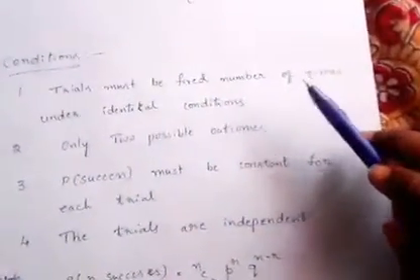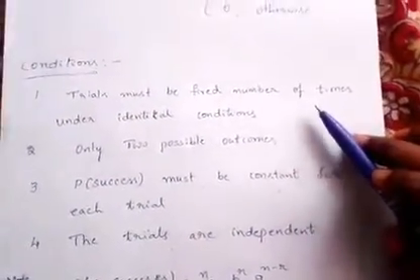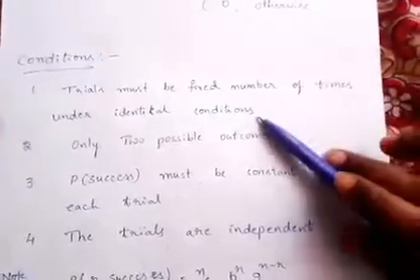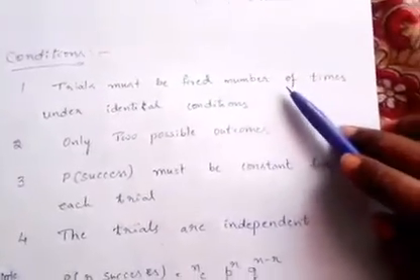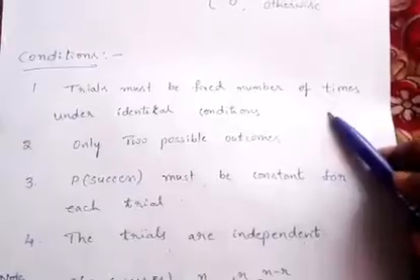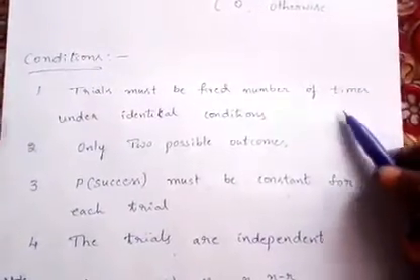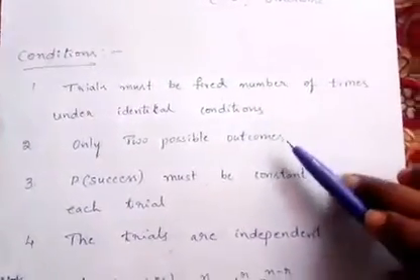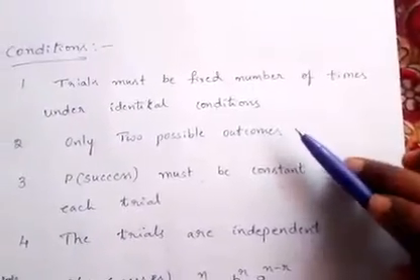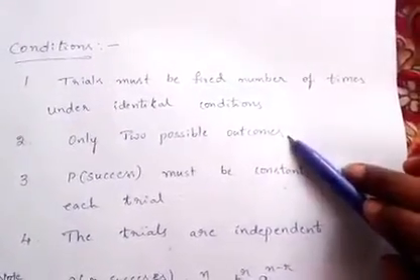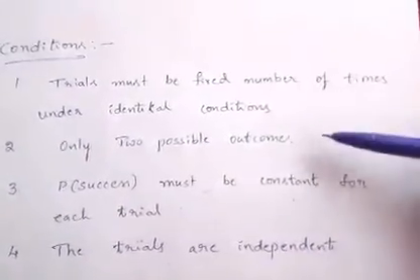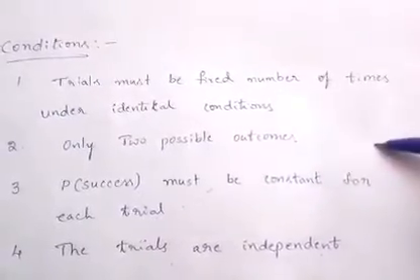Its conditions are four. The first one: trials must be a fixed number of times under identical conditions, that is, the number of trials must be n. Second, there must be only two possible outcomes, success and failure.